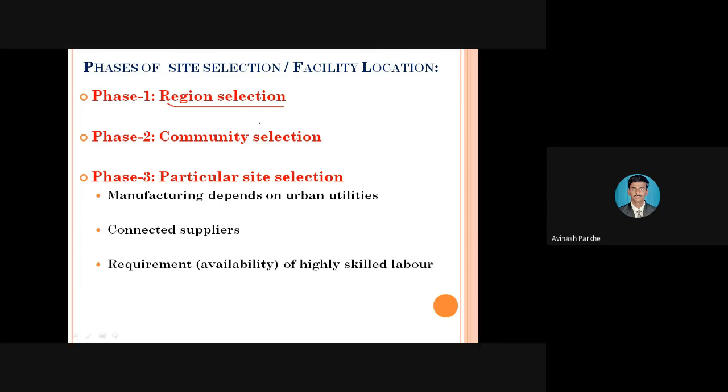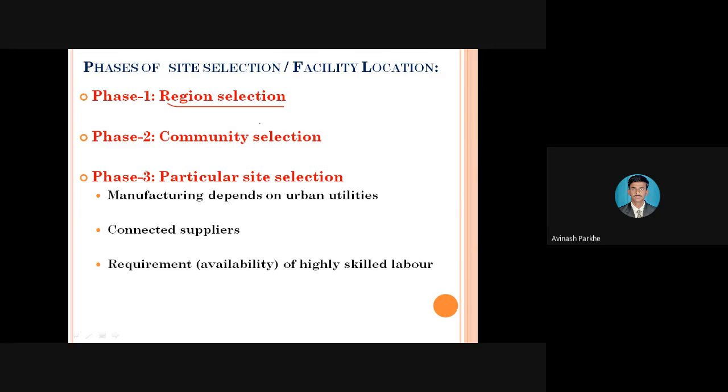Then second, climatic condition. Climatic conditions we have to consider. If you are locating your industry, your organization, in some water region areas, or maybe some other different types of regions, sometimes you face difficulty due to maximum water coming in, or because some other facilities are not available.